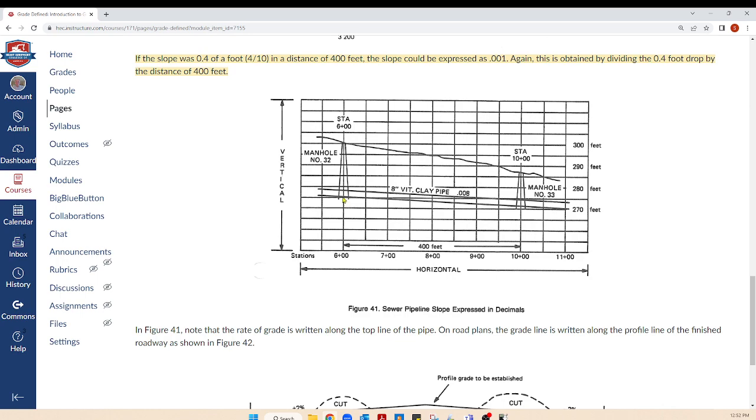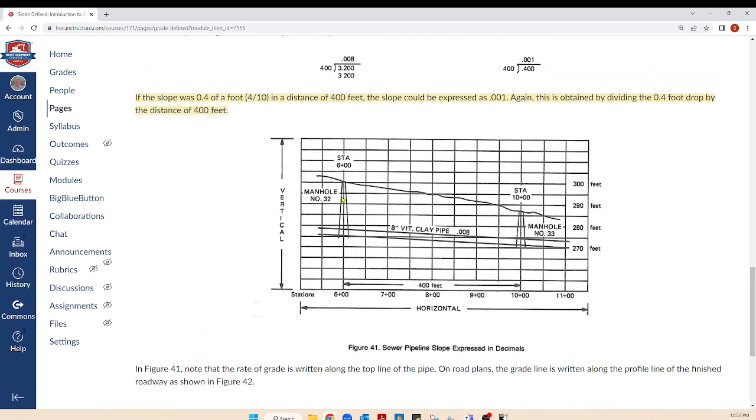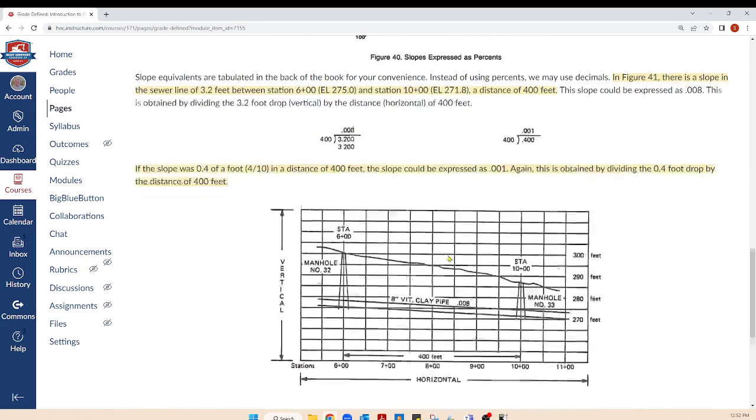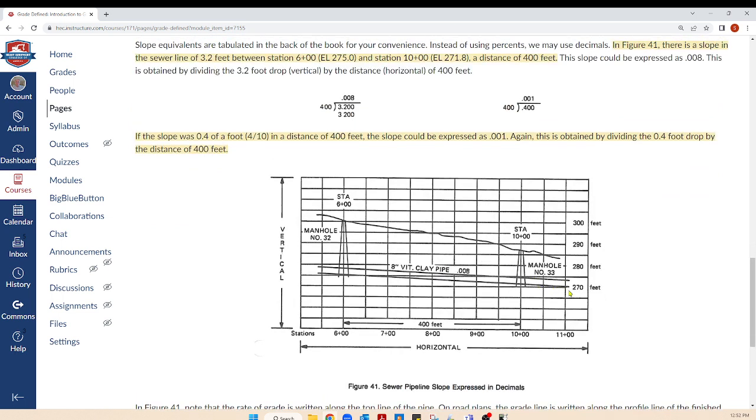Let's look again. Here it is. They say they're going more exact on the distance. Here it is, 271.8. So 271.8 would be, this would be 270.